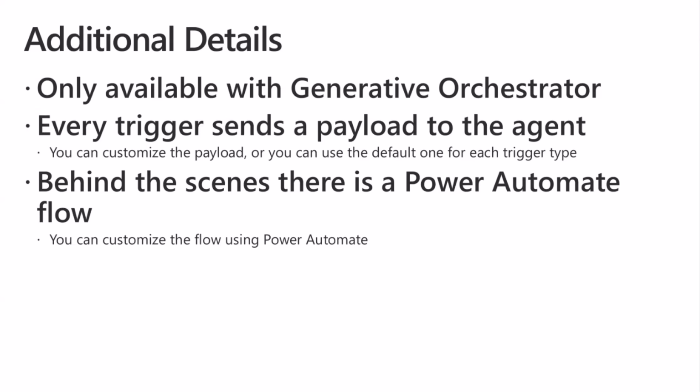And when you have the trigger waking up your agent, you can choose if you want to send a specific and customized setup for the payload from the trigger to the agent, or simply rely on the out-of-the-box predefined payload that every different kind of trigger will provide to your agent.